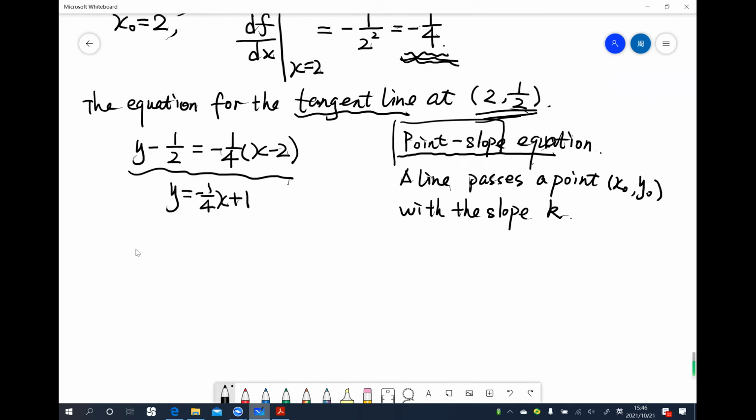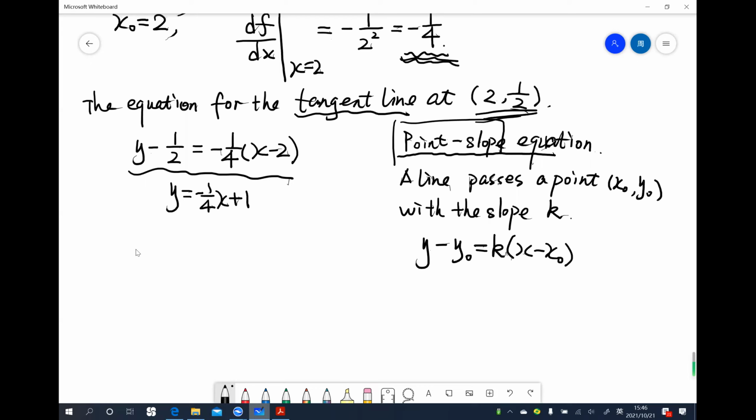Yeah. Okay, so I will write here in case some students didn't understand. The point slope equation or point slope rule, that is y minus y0 equals to k times x minus x0, right?